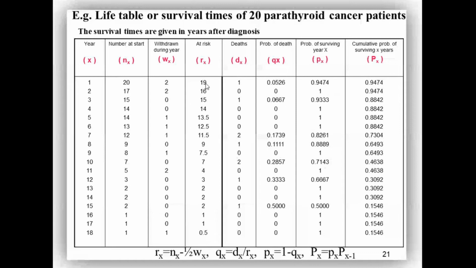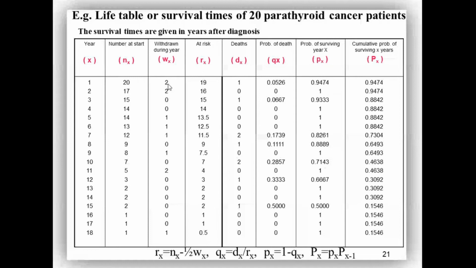So we multiply wx by half before we subtract from nx. So the population at risk is 19, not 18. We don't subtract all the withdrawn individuals.